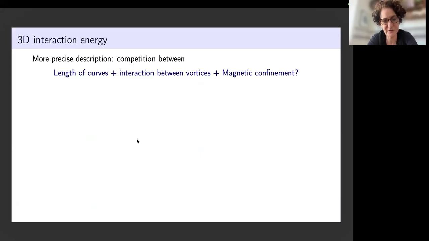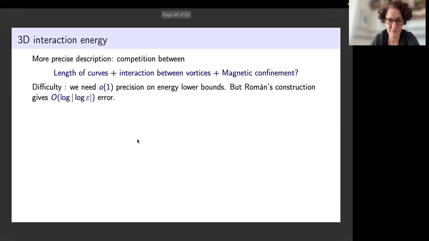Okay, so what we provide is a more precise description where we have the length of the curves, the interactions between the vortices, which I told you is logarithmic, plus magnetic confinement effect. So it's these three things that have to play together.